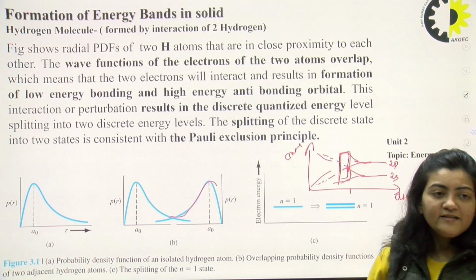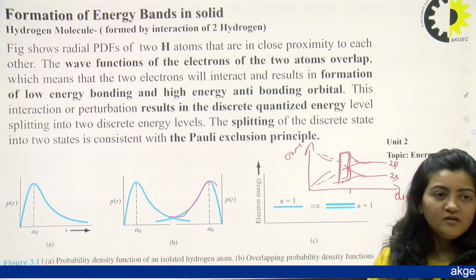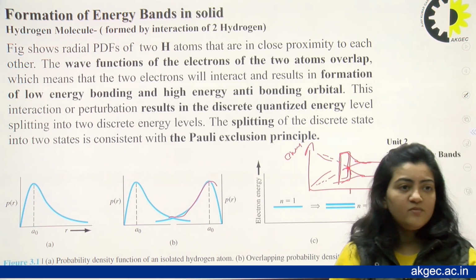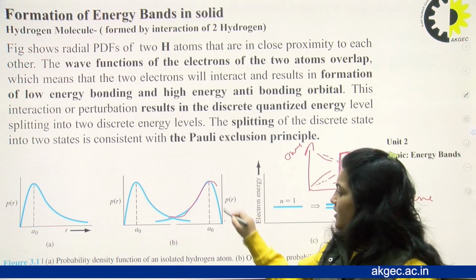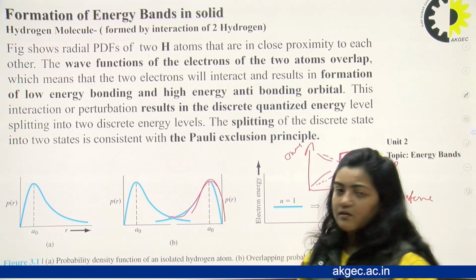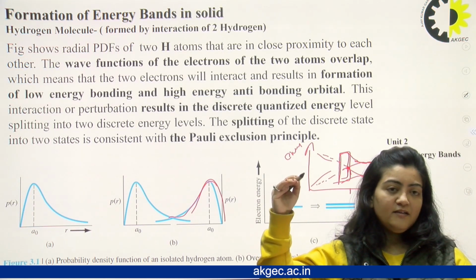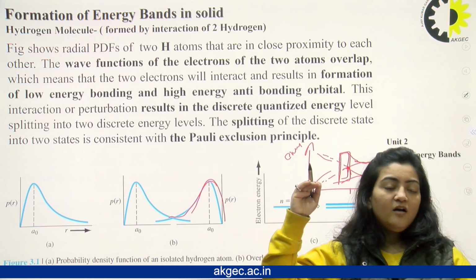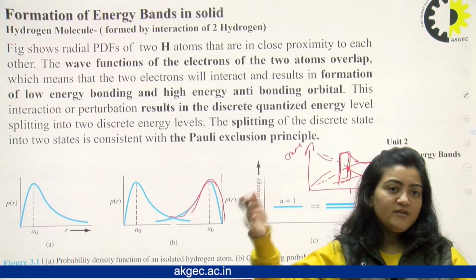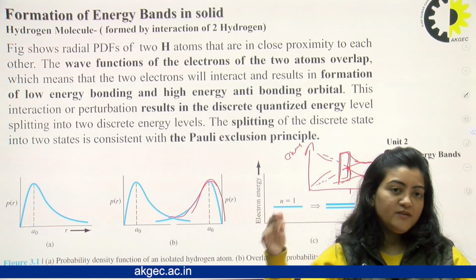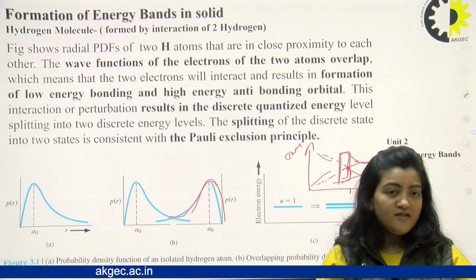Now the probability density function of these isolated hydrogen atoms shows that as the energy level increases, there is a point at which we can count the number of charge carriers, or number of electrons, present in that energy level.